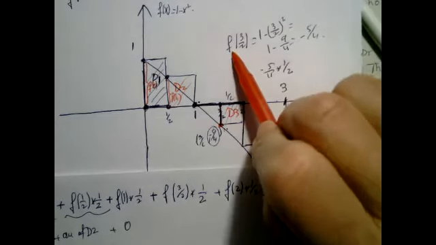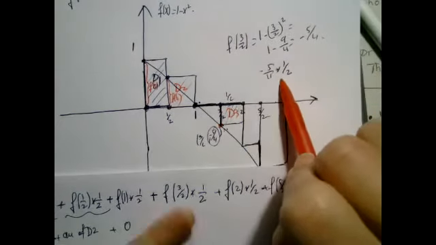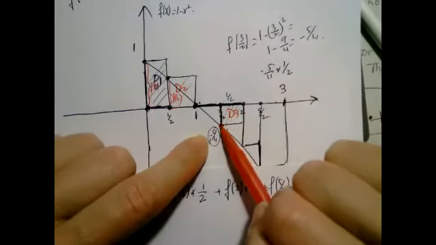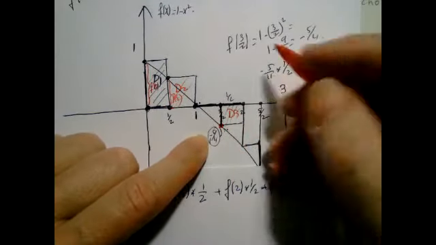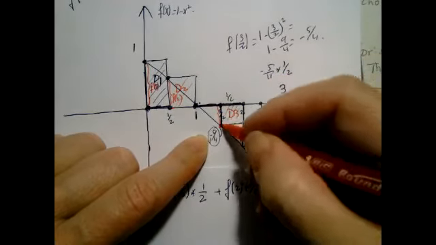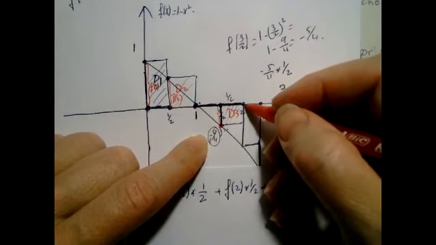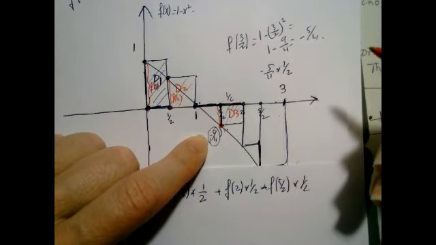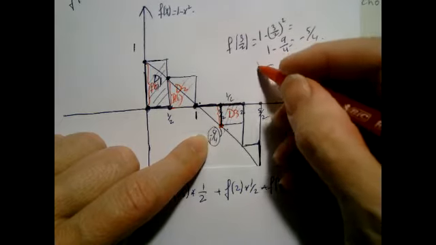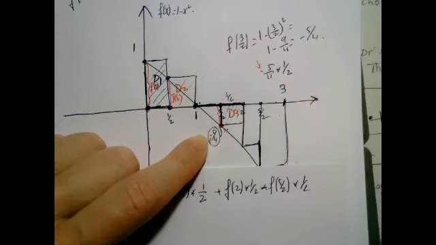When I take f of 3/2 times a half, what am I going to get? f at 3/2 is a negative number. When I take minus 5/4 times a half, is this going to give me the area of D3? Yes or no? No. No, because the area cannot be negative, right? That's as simple as that.